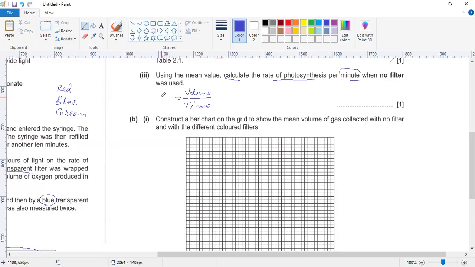So the unit is the same. So the volume is 1.2 in 10 minutes. So your answer is 0.12 cm cube per minute. Okay.